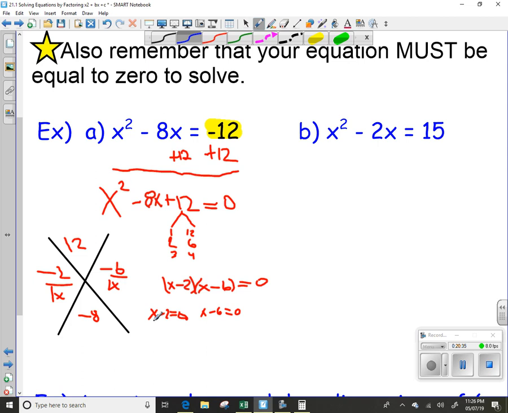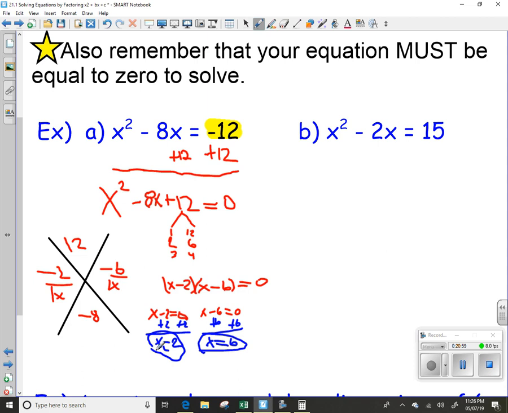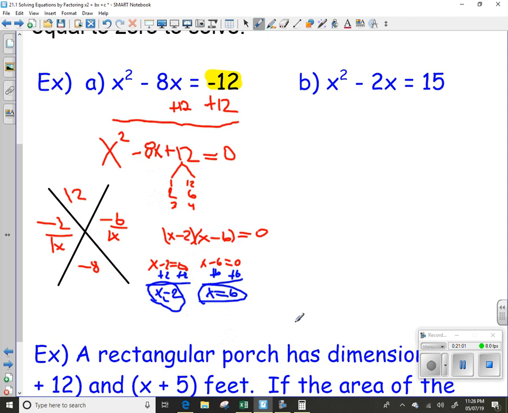So here I could add 2 to both sides, and I get an answer of x equals 2. Here, add 6 to both sides, and so we get an answer of x equals 6. So here's one of my answers. Here's my second answer.